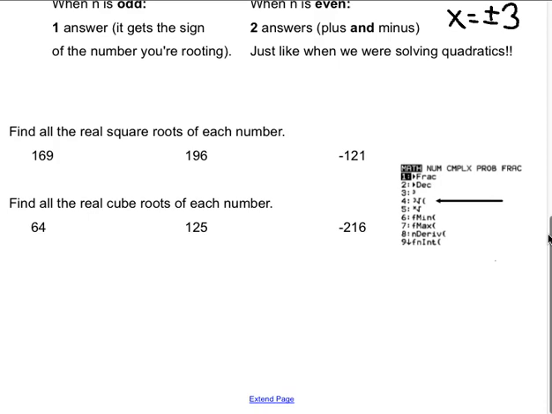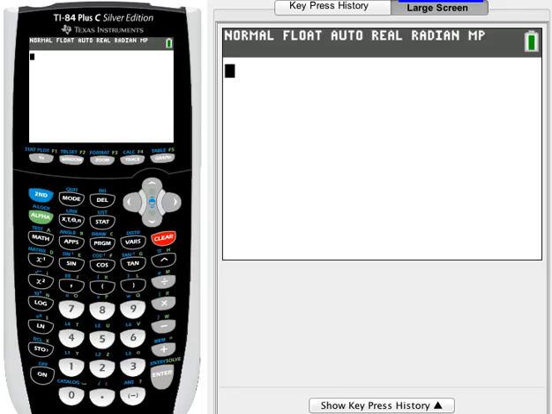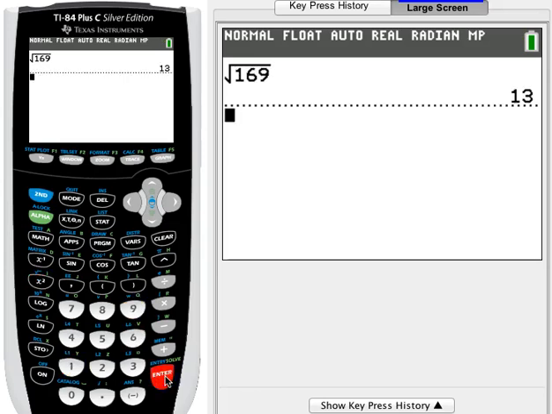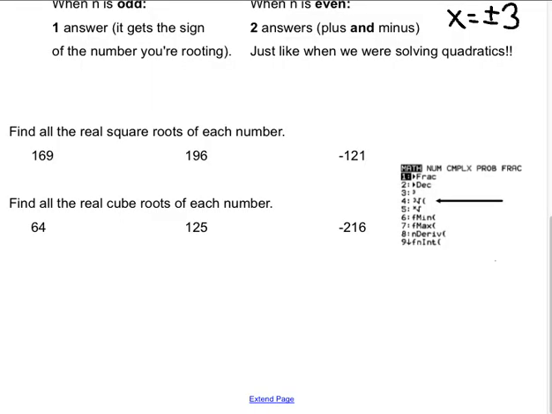If you don't know it off the top of your head, your calculator can do it for you. Square root of 169, and it'll tell you 13. Okay, but of course, because it's even, it's really plus or minus 13. You're taking an even root.